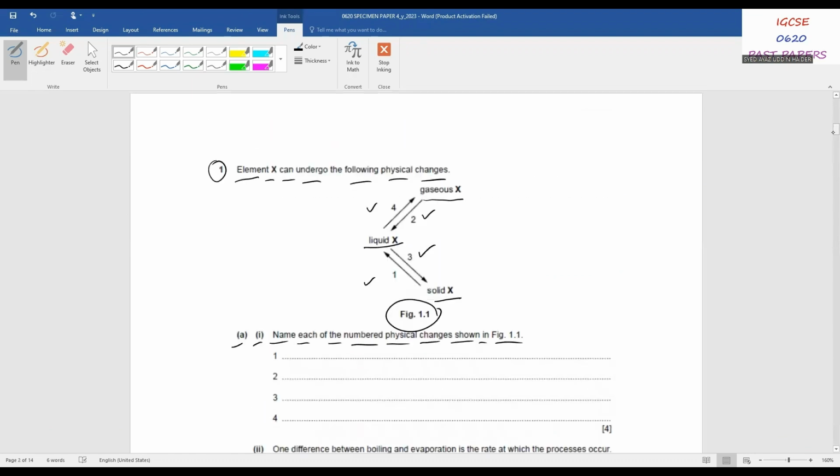First is the melting. The melting takes place when solid changes into liquid state. Number 2 is the change from gas to liquid state. So it's condensation or condensing. Number 3 is a change from liquid to solid state, simply freezing.